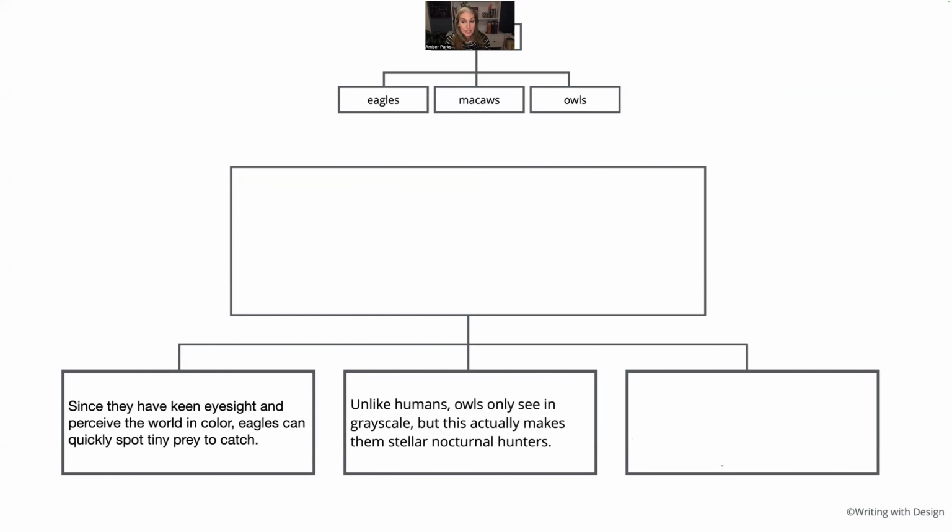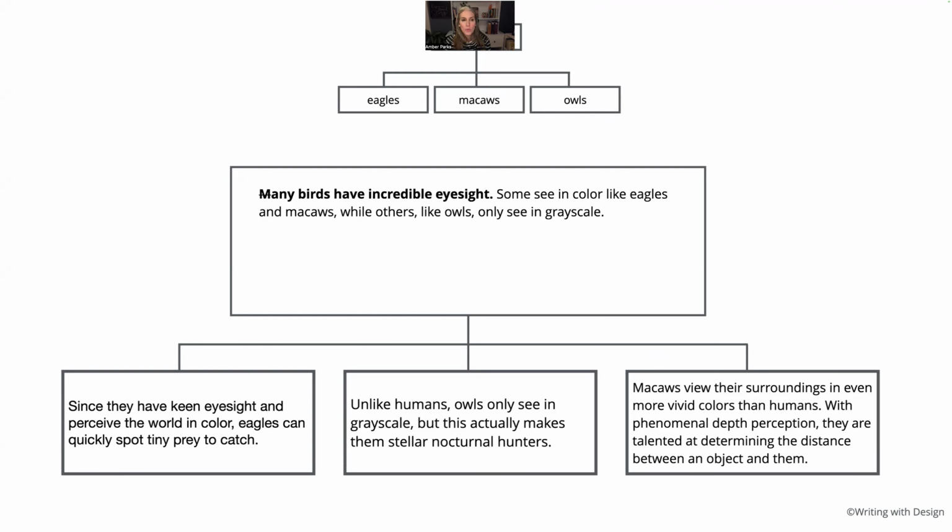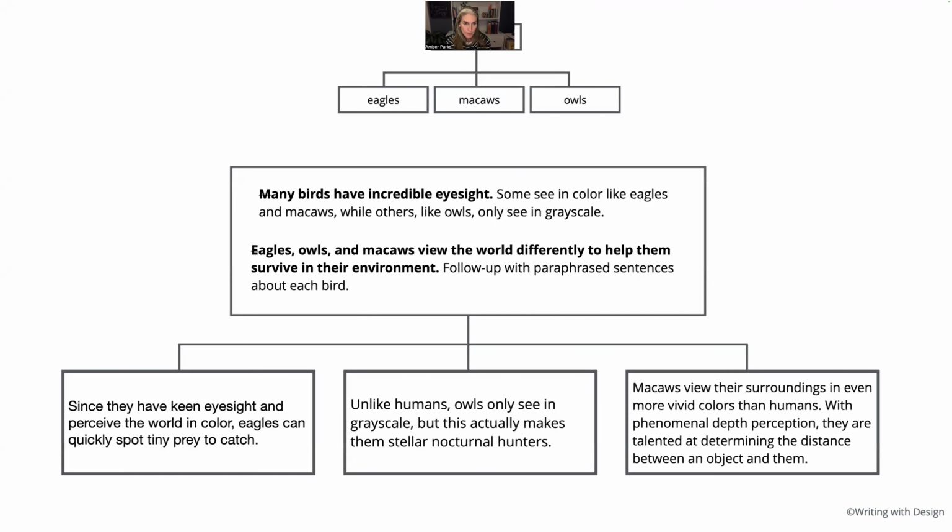So if we take a look at the information that we have paraphrased on each of these, our eagles, our owls, and macaws, then we have to think about how it all flows together. Many birds have incredible eyesight. Some see in color like eagles and macaws, while others, like owls, only see in grayscale. Eagles, owls, and macaws view the world differently to help them survive in their environment.